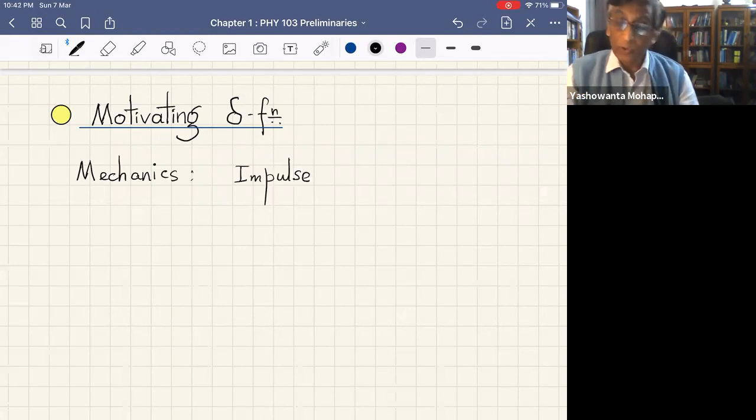Suppose two balls, two hard spheres, collide and then go away. During that small delta time of collision, what is the force? Force is very large, F large.